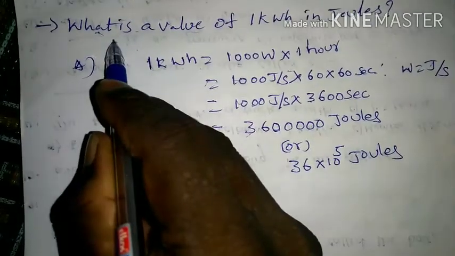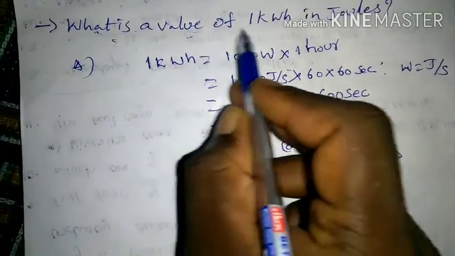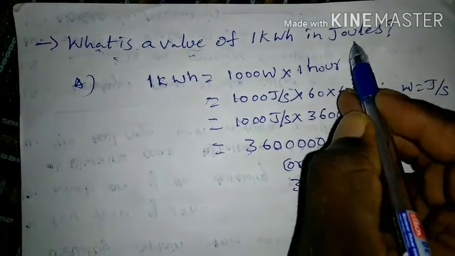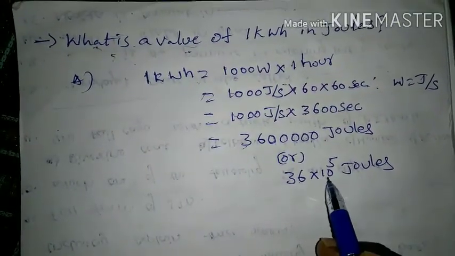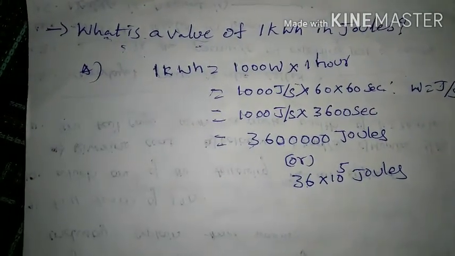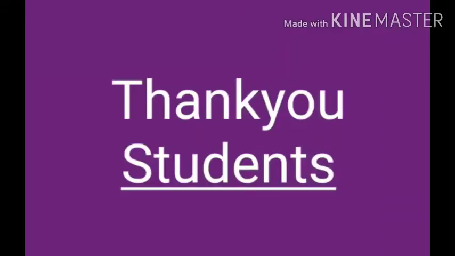What is the value of 1 kilowatt hour in joules? 36 into 10 power of 5. This is the answer. Thank you, students.